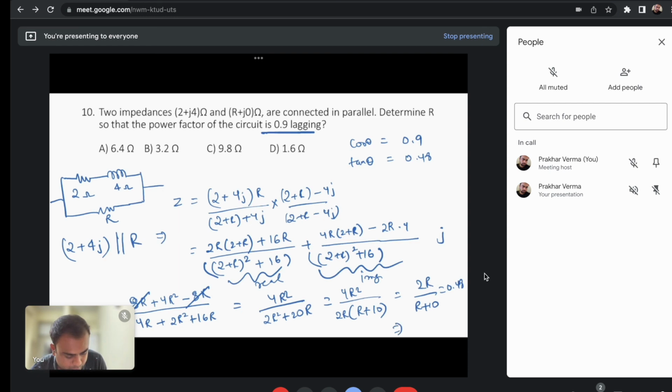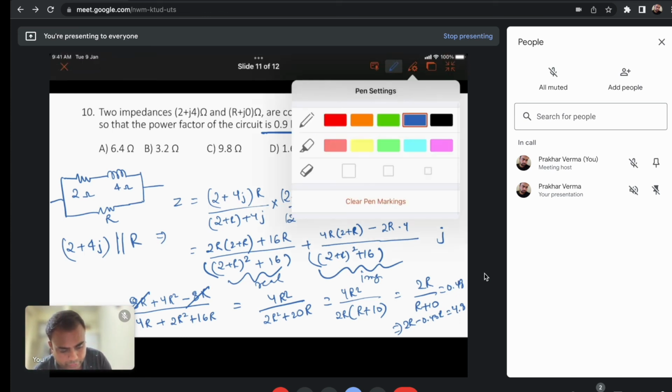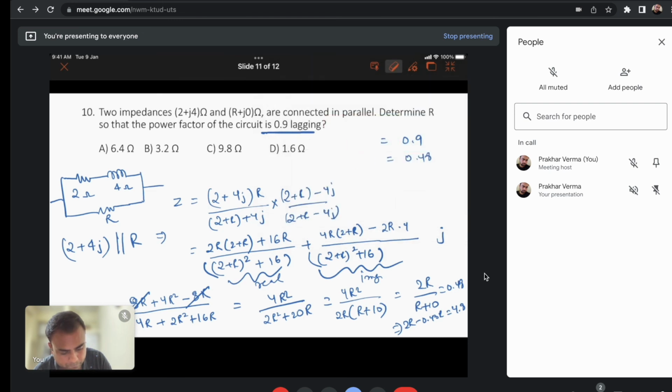So 2R minus 0.48R is equal to 4.8. 2R minus 0.48R is 1.52R equal to 4.8, so R becomes 4.8 by 1.52.